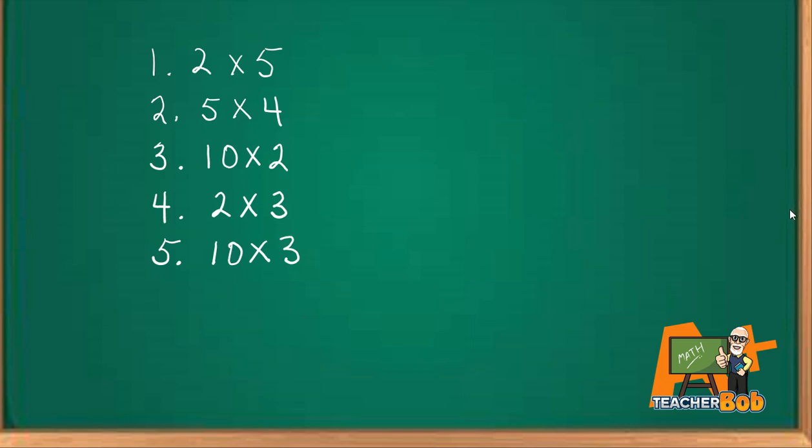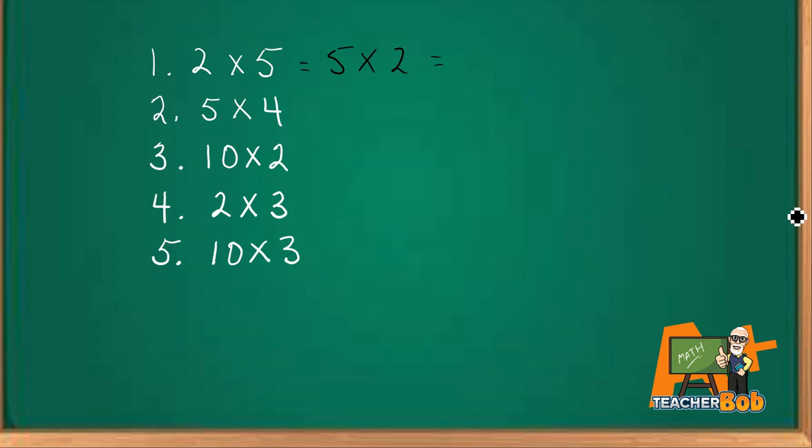Well, we've gone over multiplying by twos and multiplying by fives, so we know that we could multiply either way, and the commutative property tells us that 2 times 5 is equal to 5 times 2, and you can skip count either way.